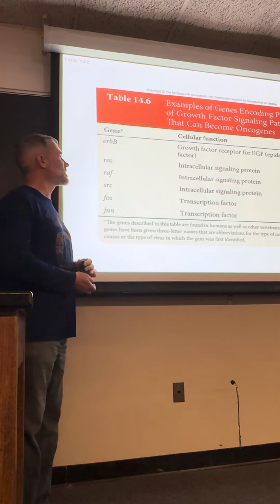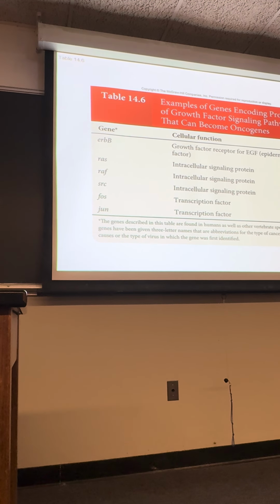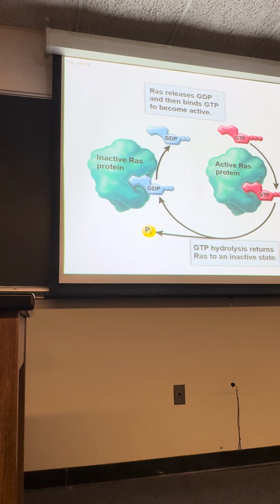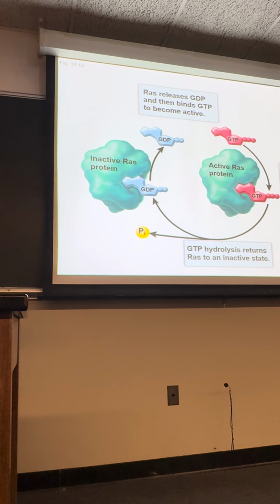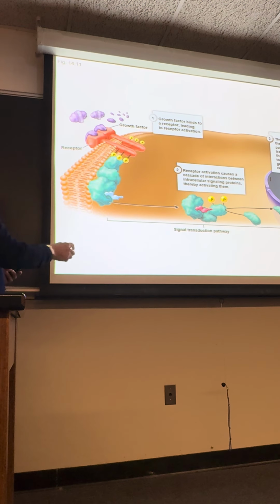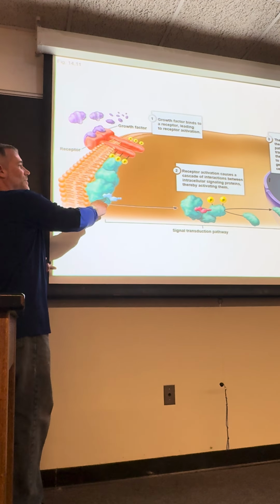So anything that might normally be acting as a growth factor or a growth factor receptor or something relaying that signal to the nucleus, if you have too much of it, that's a problem, okay? And one of the proteins that we already looked at last time was RAS. So in this diagram, RAS, remember, is early on. So this would have been like a day and a half's notes ago.